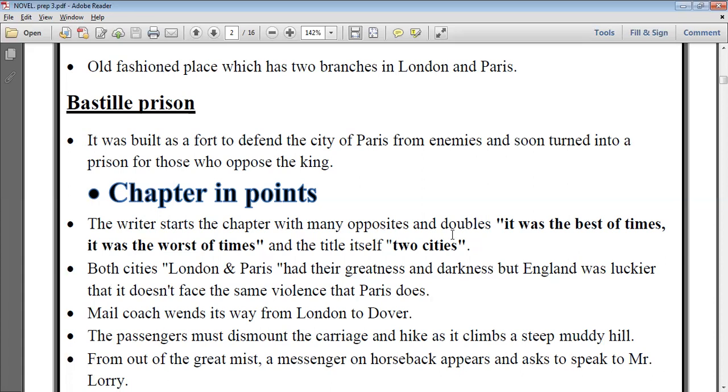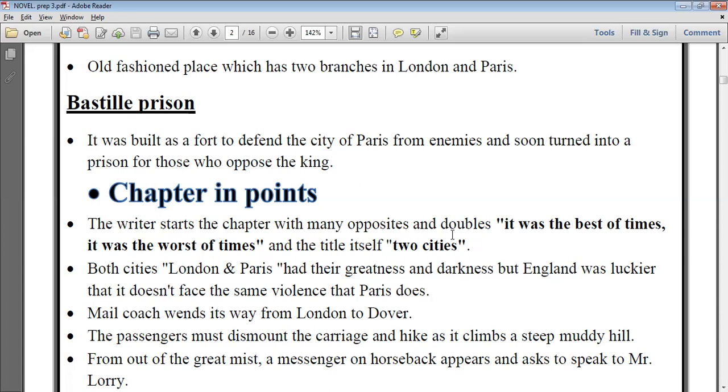Those people were attacking everyone in the streets, making revolution every day in France. This created violence. There was no stability in France. England was luckier in that it didn't face the same violence that Paris did.